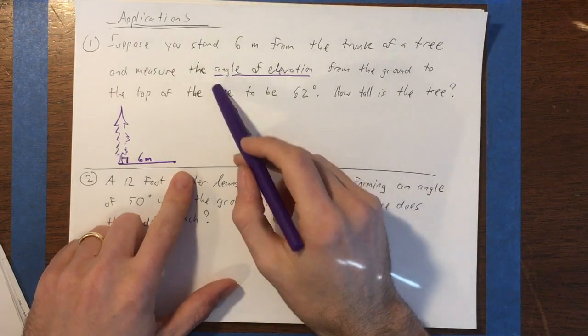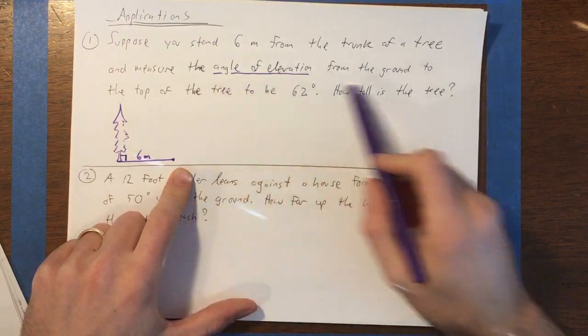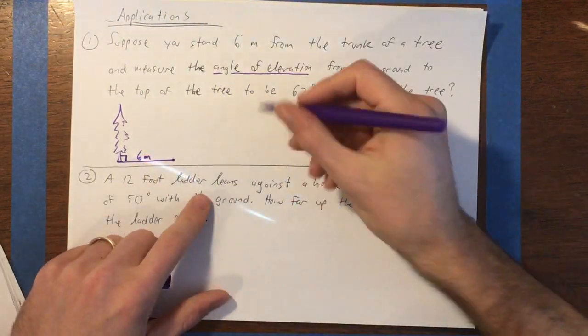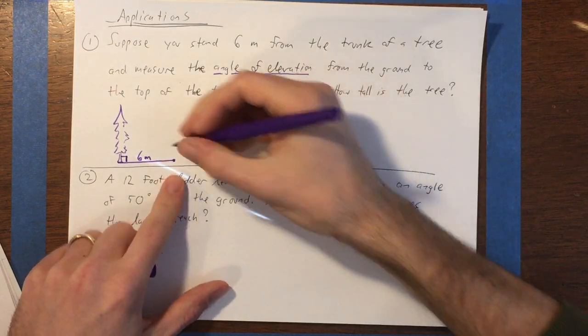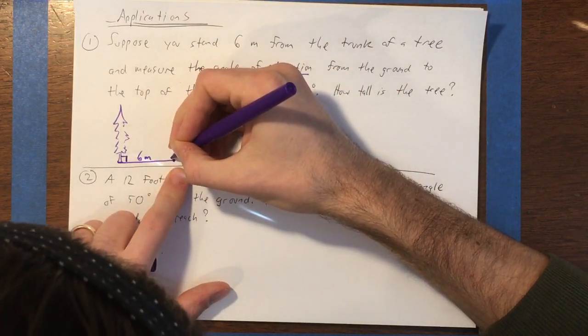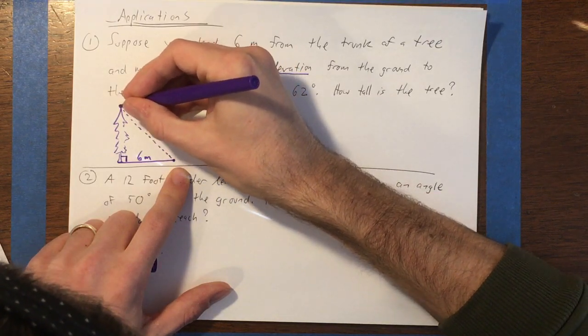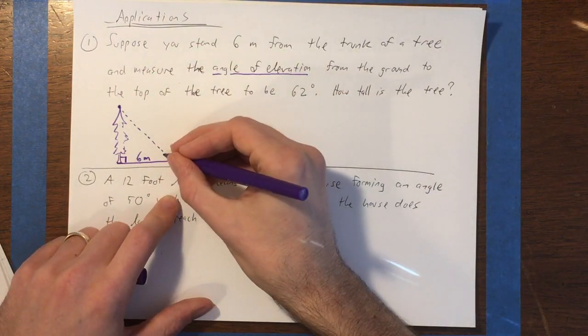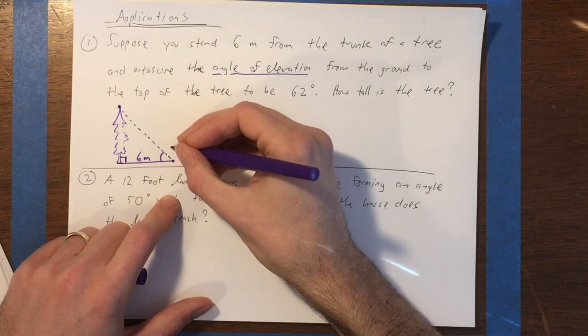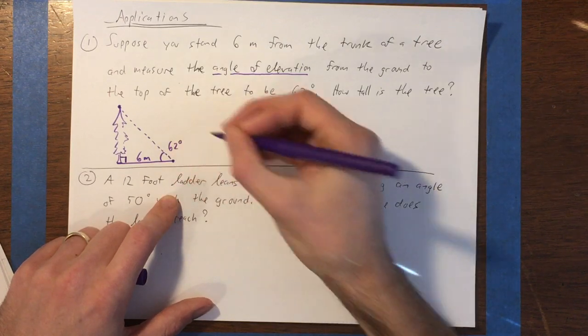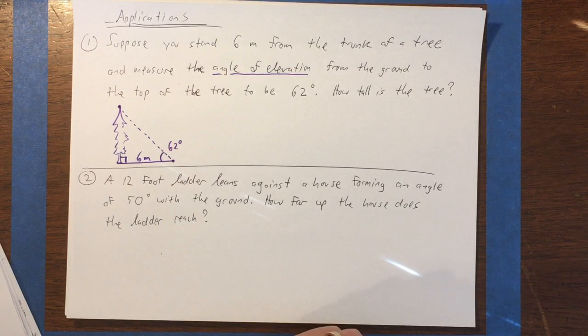Okay, so the angle of elevation here is measured from the ground up to the top of the tree and found to be 62 degrees. So if I draw a dotted line through the air from the ground up to the tip of the tree, that angle there is 62 degrees, right there.